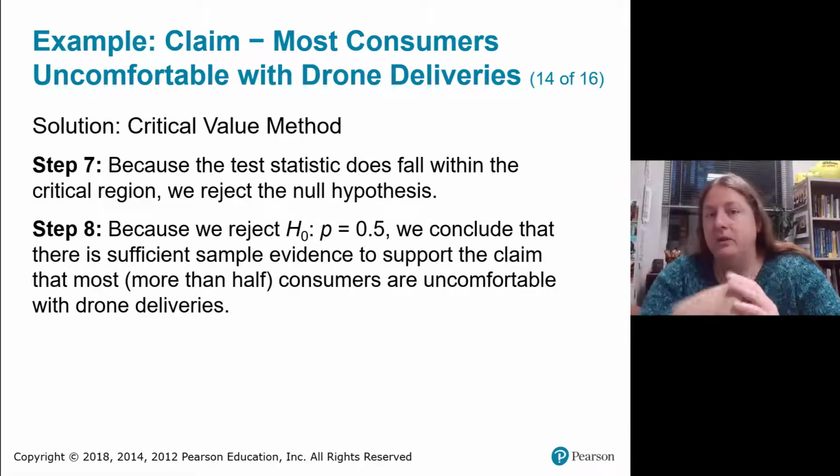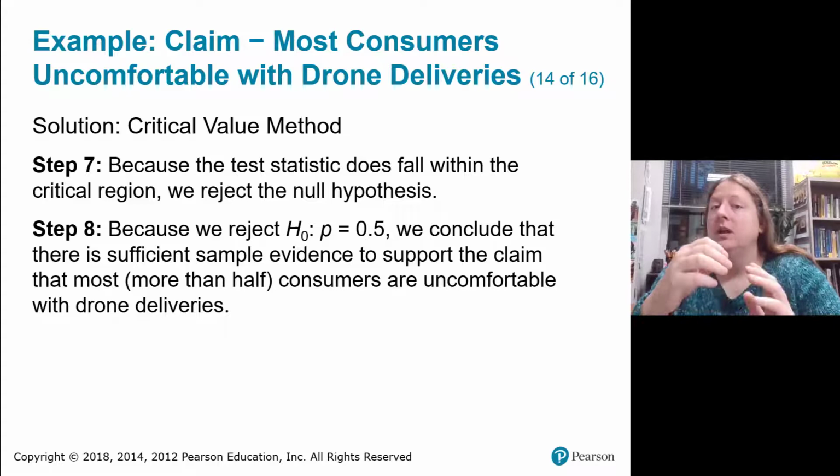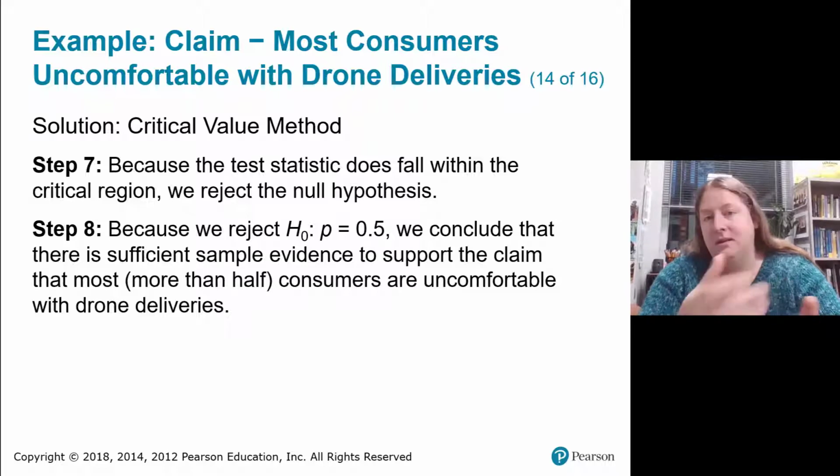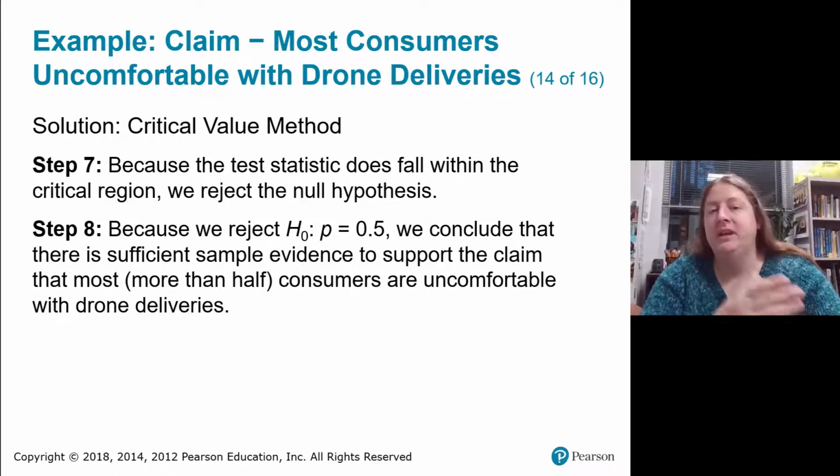The critical value method uses our significance level to determine a critical value, and then we compare our test statistic to that critical value to make a conclusion. Same deal, and again, with this proportion thing, they're going to lead to the same conclusion because we're using the same calculation for our test statistic.